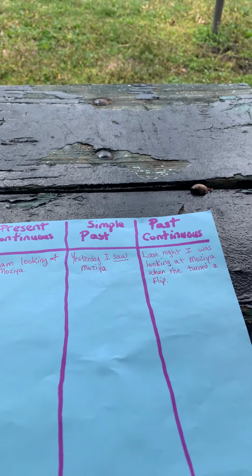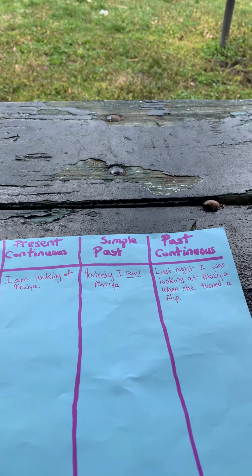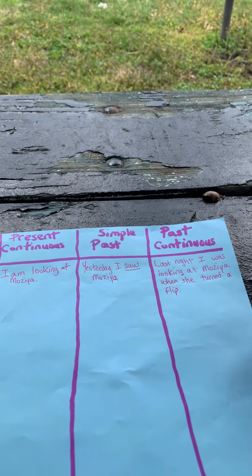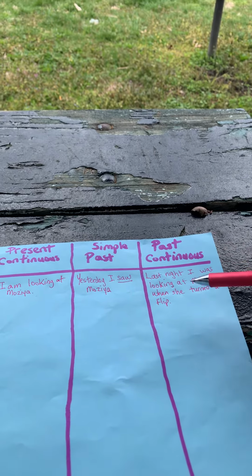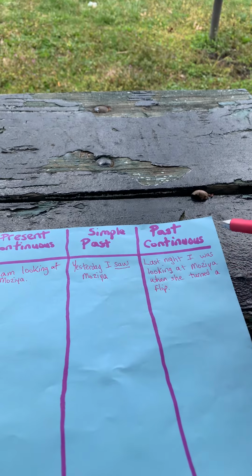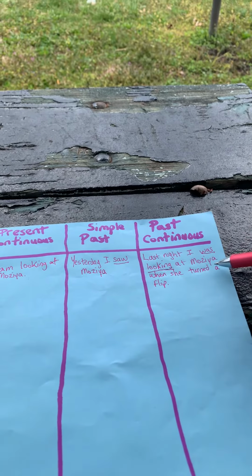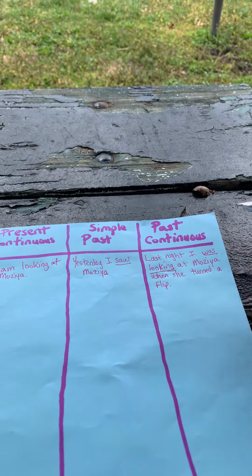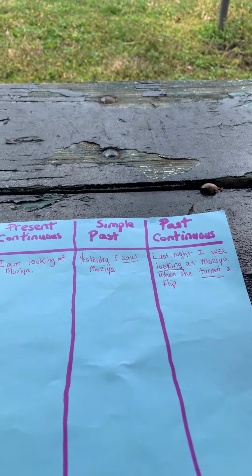Do you know what a flip is? A flip is when you're up in the air and then you touch the ground with your hands and flip your body over. So last night I was looking at Mosiah when she turned, that's the past tense for turn, a flip.